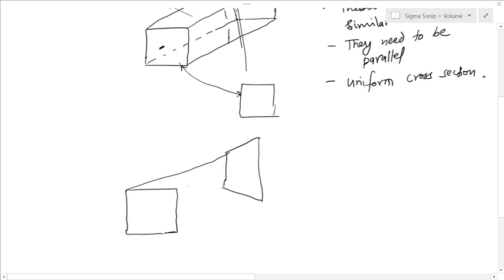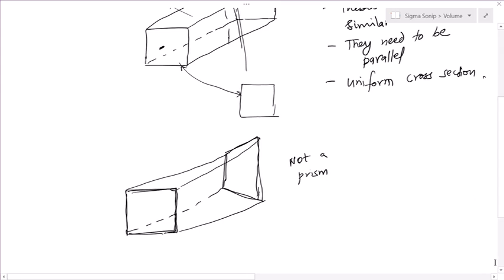This edge is connected to that edge, that is connected to that edge, and that is connected to this. Now, is it a prism? Think about it and then answer. It is not a prism, because it has two bases that are not exactly similar. The first one looks like a square, the other one looks like a trapezium. So that is not a prism.